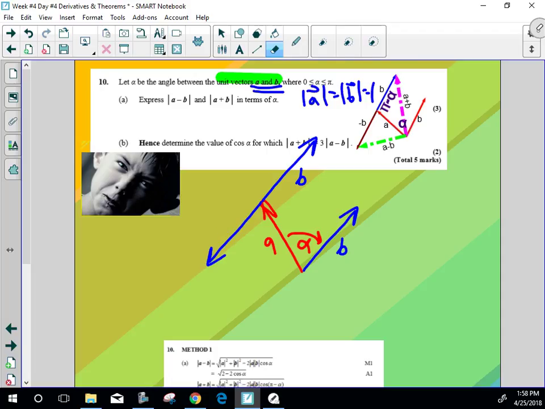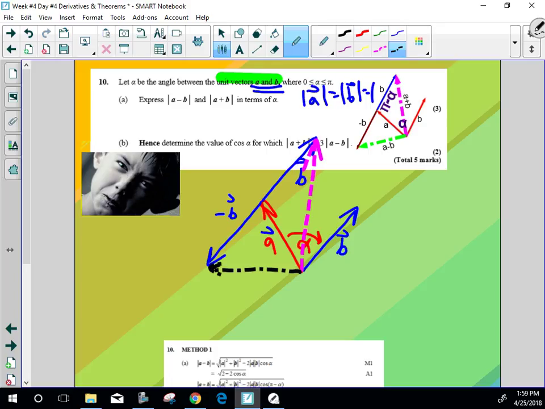This is minus B. So here's B, minus B, A and B, and then this is A plus B, and this is A minus B. So I'm going to write that down, A minus B, A plus negative B, and then this is going to be A plus B. That's the purple.